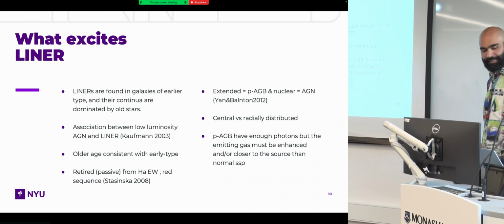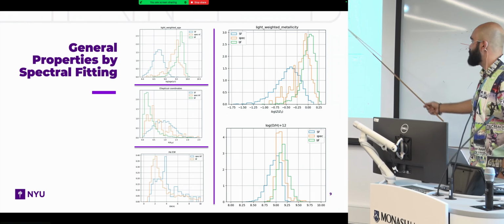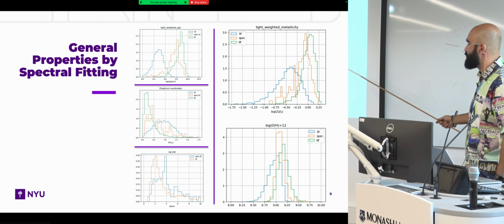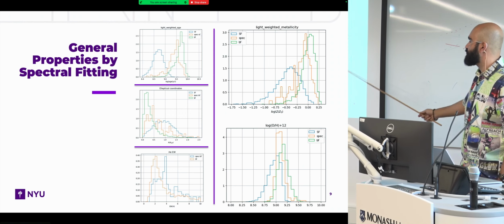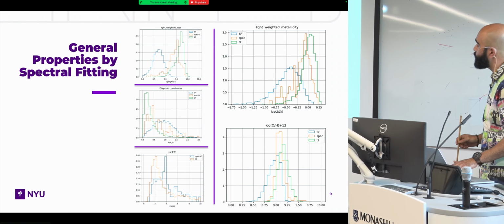So what does that mean? That's something that we already found here, right? We found that the BF sample has higher abundances, higher metallicities in their stellar population, but also has higher metallicity in the gas itself. And that's kind of the hardest proof for the post-AGB theory.